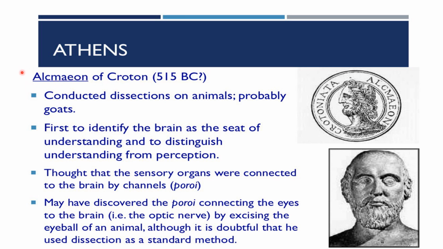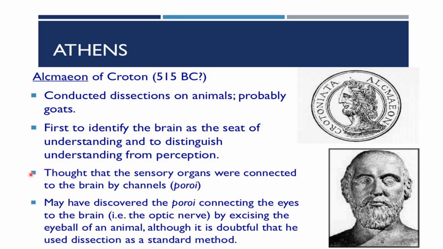I don't know if I got the name right. Alcmaeon of Croton, 515 BC. What he actually did was he conducted dissections on animals, probably goats. He was actually the first person to identify the brain as the seat of understanding and also to distinguish understanding from perception. That's what this individual did.